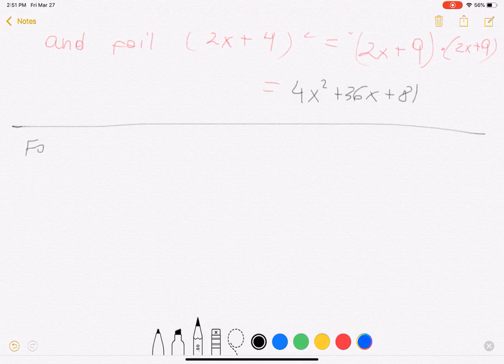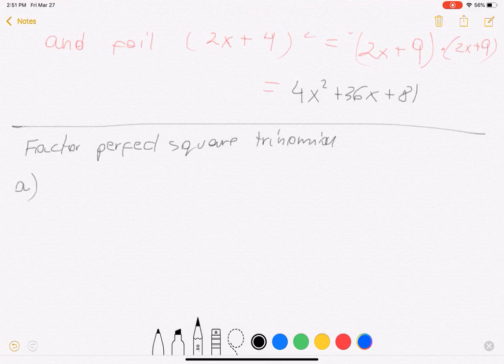Factor the perfect square trinomial. Okay, and we're going to factor x squared minus 6x plus 9.